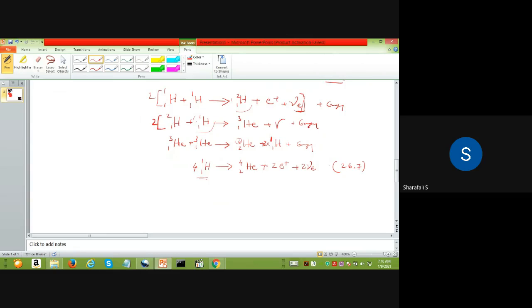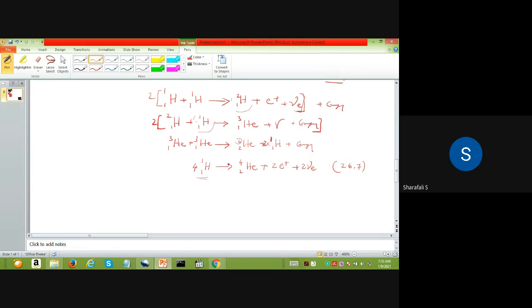So this is 2 times of this. Just check that: 2 times proton here, so 2 protons here, 4 protons here. So 2 protons here I am using, so 2 protons I am getting. So that will cancel each other, so I am not writing those 2 protons here and here.